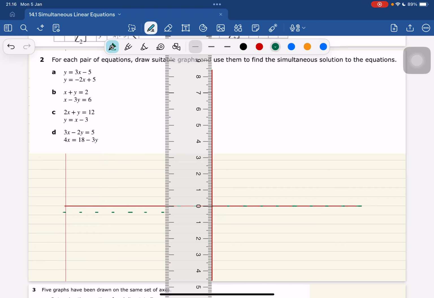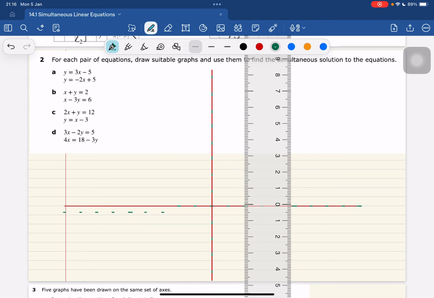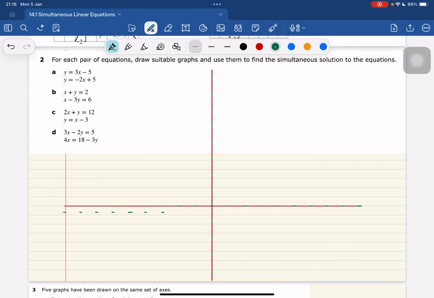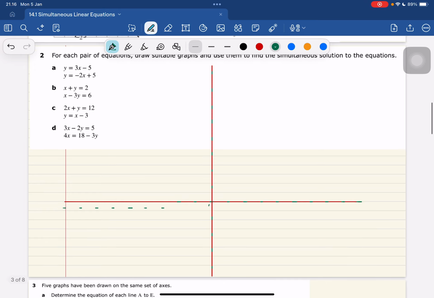So this is minus 4, minus 3, minus 2, minus 1, 1, 2, 3, 4, 5, 6, 7, 8. Okay, there it is. So let us write: here is 0, 1, 2, 3, 4, 5, 6, 7, 8, 9. And then minus 1, minus 2, minus 3, minus 4, 5, 6, 7, 8, and 9.